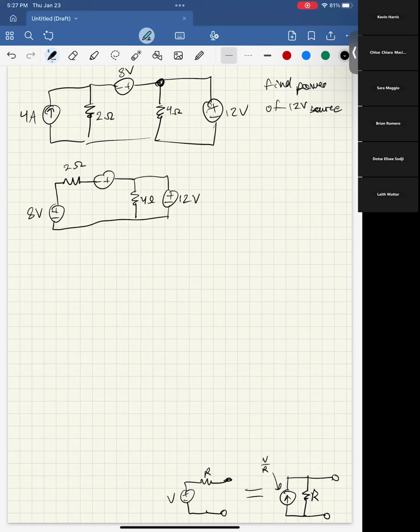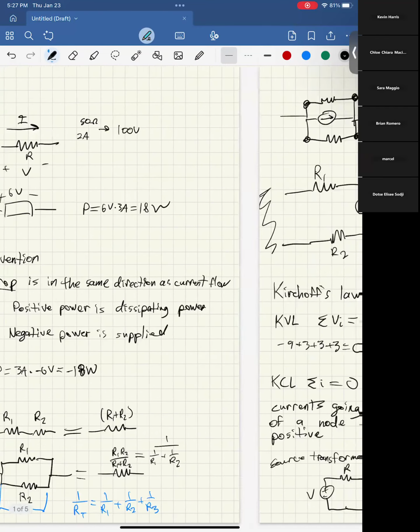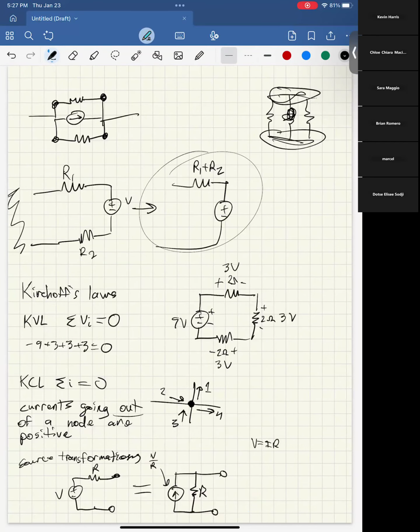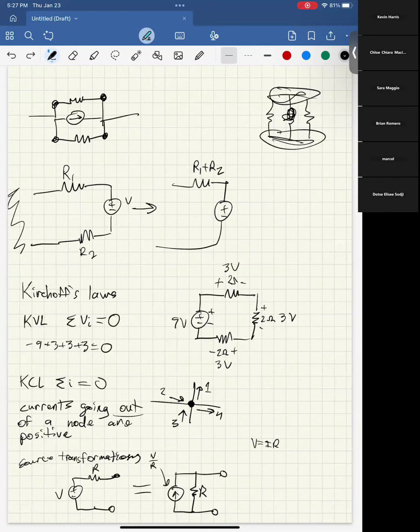And now we can do another source transformation, or we can do a simplification, actually. And I also missed a wire. Did I? Oh, no, okay, we're good. So we have 8 volts and we have 8 volts. And just like I said earlier with resistors, I kind of left something out, but you can do the same thing with voltage sources.